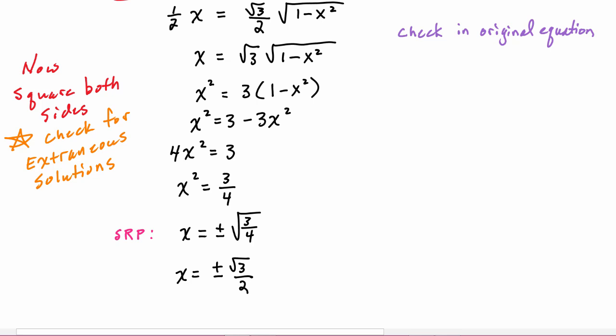We know that the original equation was arcsine of x minus arc cosine of x has to equal pi over 6. So let's try our solutions.